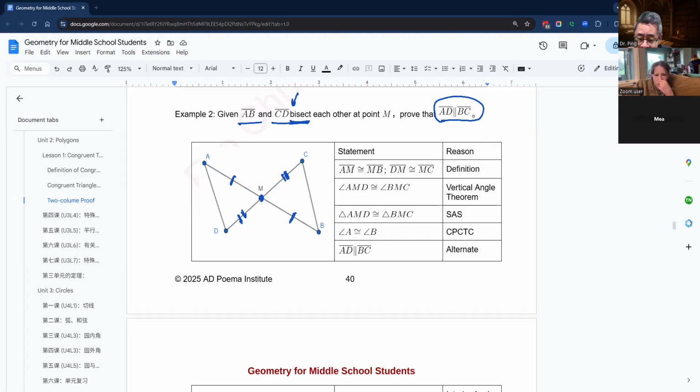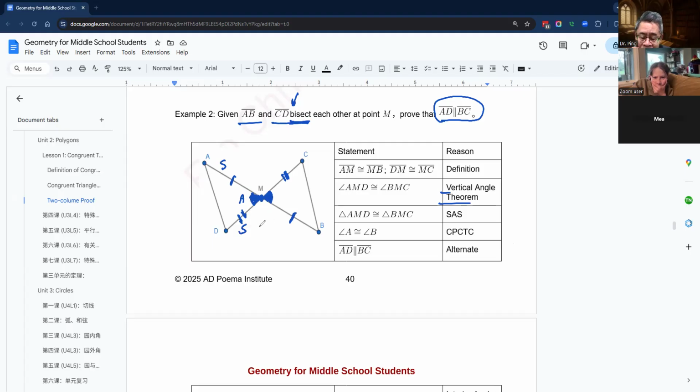And we know this angle, AMD, is congruent to this angle. Now, this is what we learned before. This is called the vertical angle theorem. So all the vertical angles are congruent. Okay, so now what we got is side, angle, side.